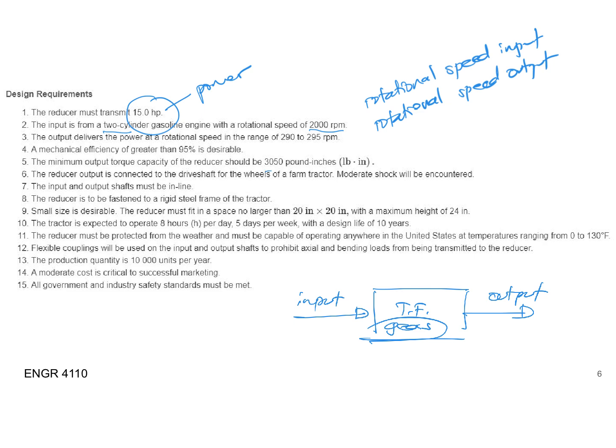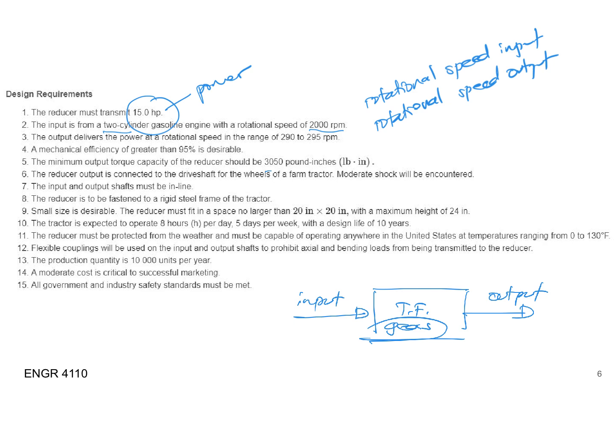Reducer output is connected to the drive shaft for the wheels of a farm tractor. The input and output shaft must be inline. Reducer is to be fastened to a rigid steel frame of the tractor. Small size is desirable, so you have a 20-inch by 20-inch area and a maximum height of 24 inches. The tractor is expected to operate 8 hours per day, 5 days per week, with a design life of 10 years.